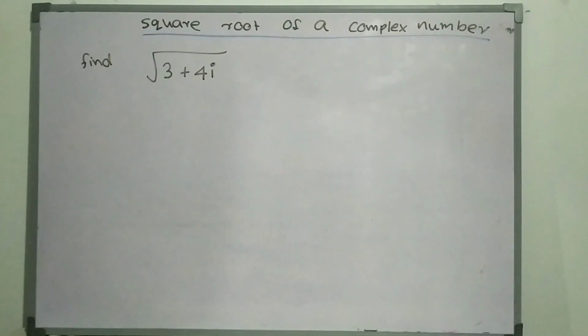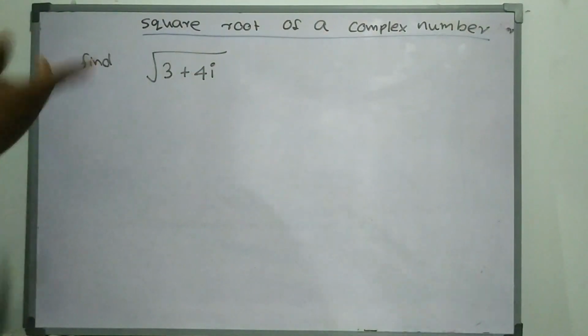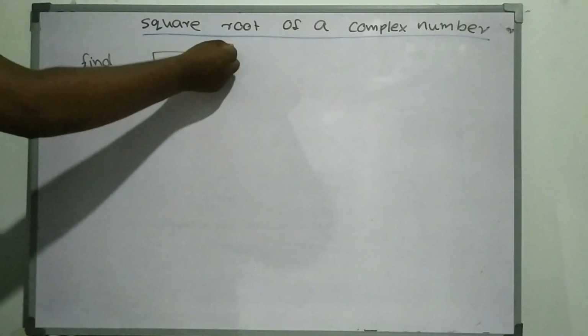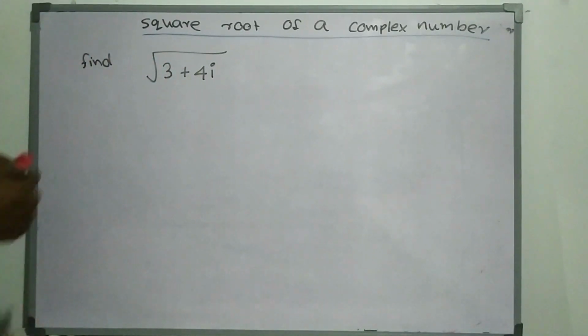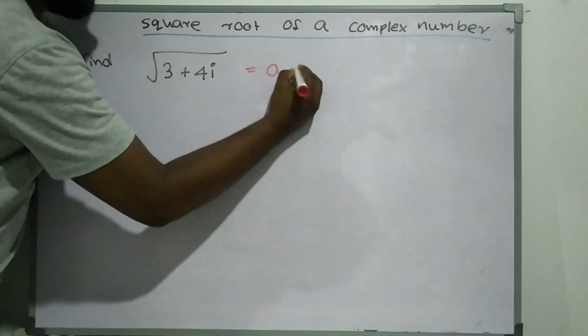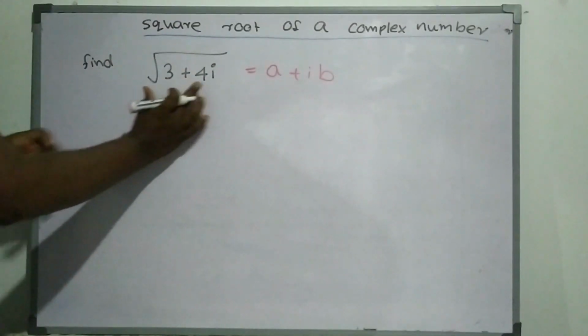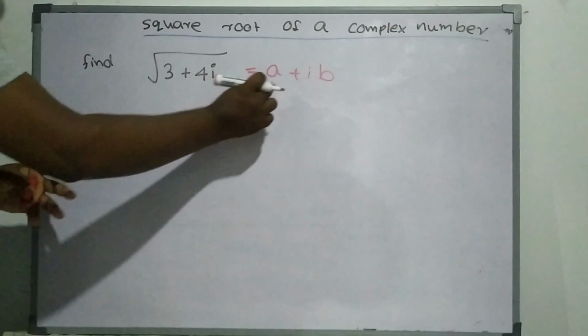Okay, so now I'm moving into another special identification, the square root of a complex number. I found an example: find the square root of 3 plus 4i. Inside the square root it is a complex number, so I assume this square root answer will be another complex number. So I'm assuming the square root of 3 plus 4i is a plus ib.